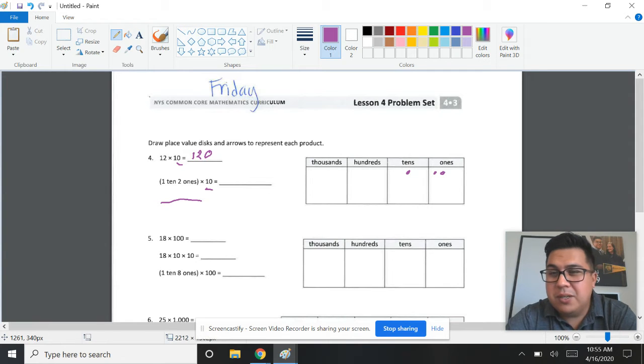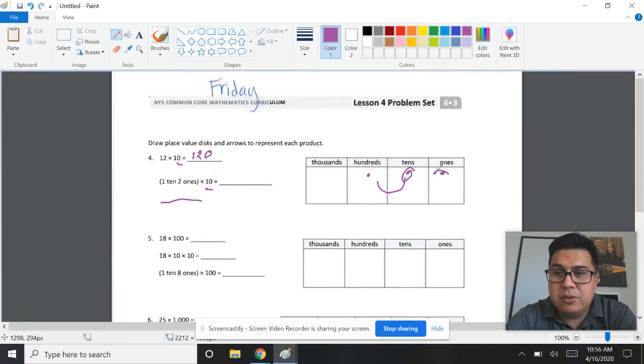But what do we know about place value? We know that every time it moves to the left and it moves into a new place value, it increases by how much? If you said 10 times, that is correct. So if we want to multiply this by 10, we can move this 1 ten over. So we circle it and move it over. And now that is in the 100 spot.